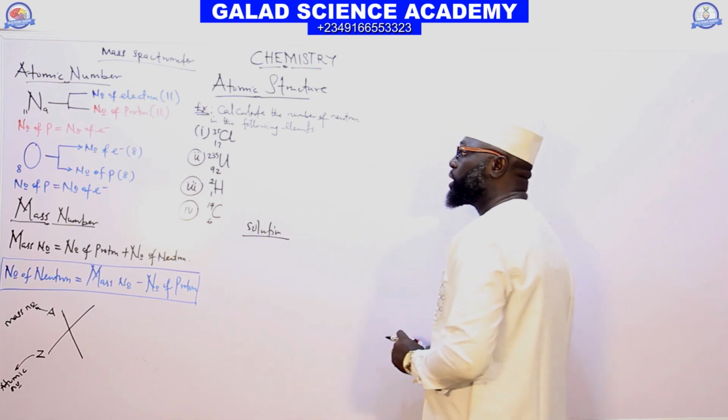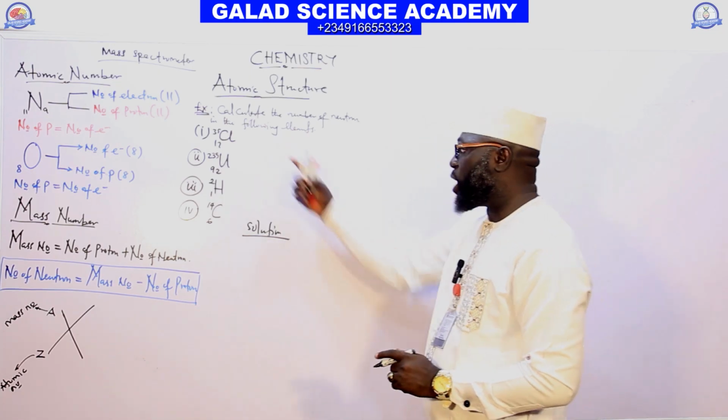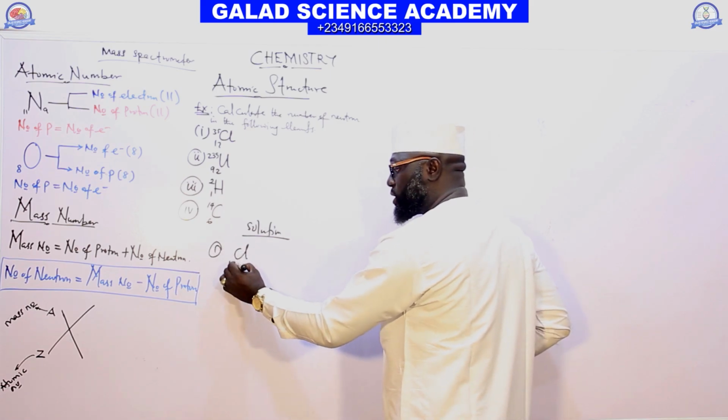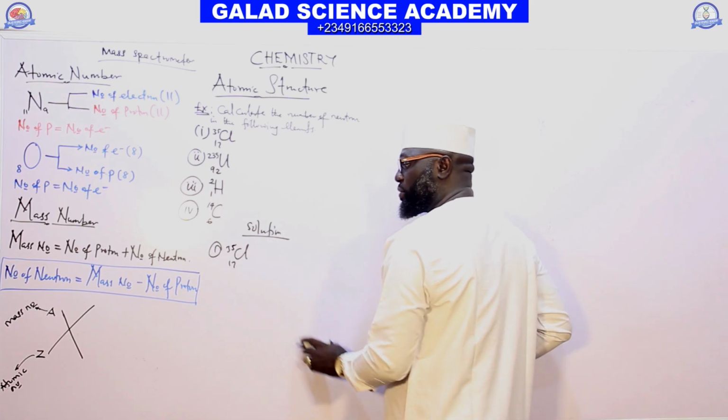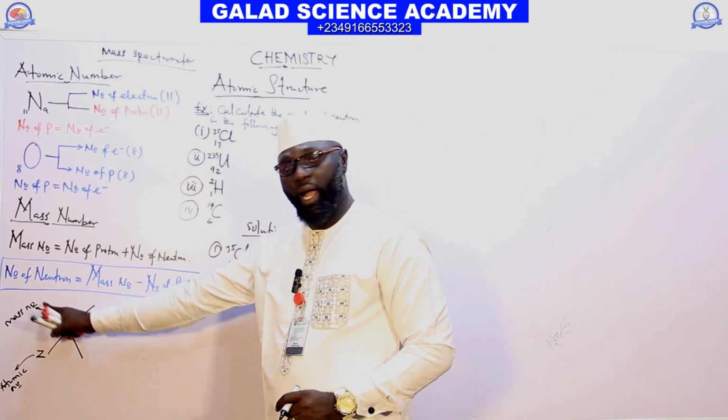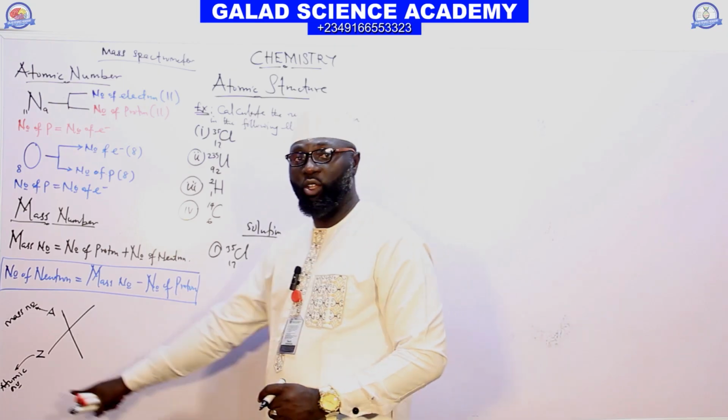Solution. To know the number of neutrons for the first element, which is chlorine 17, 35, I told you that this one represents the mass number and this 17 represents the atomic number.